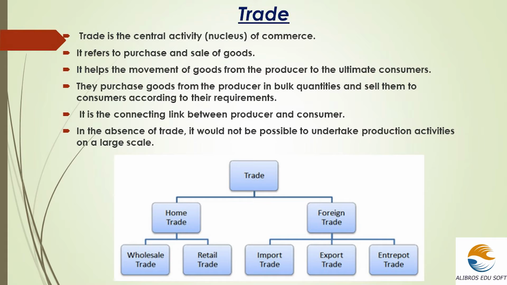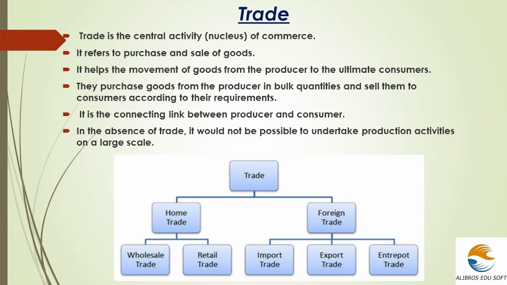etc. But trade maintains a relationship between the producer and the consumers, who are the final or the ultimate ones. They purchase goods from the producer in bulk quantities and sell them to consumers according to their requirements.